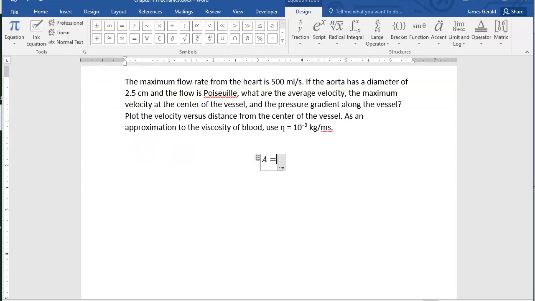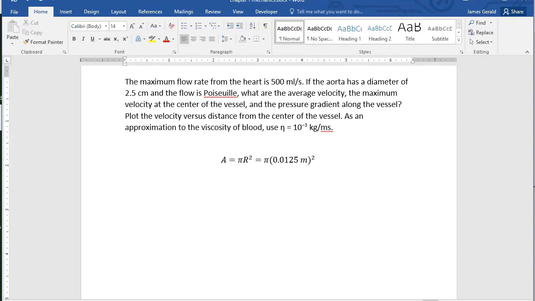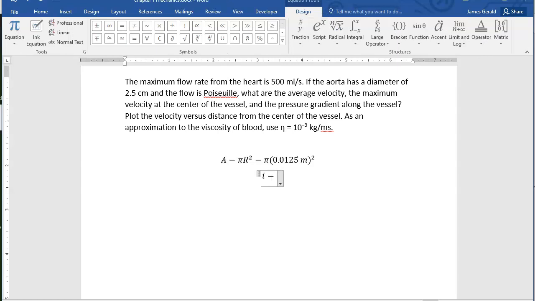The area is just going to be pi, the radius of the aorta squared. So in this case, pi times 0.0125 meters squared. We'll do it in square meters. And then the flow rate, I, is 500 mils per second, which is 500 times 10 to the minus 6 cubic meters per second.